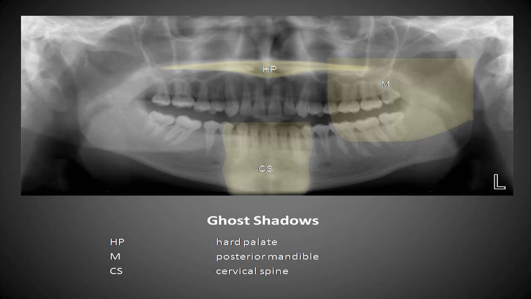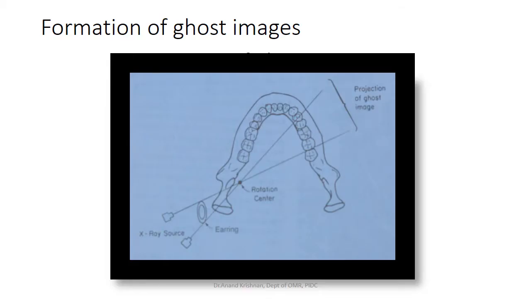Then you have your hard palate, and you also have your posterior mandible, which is kind of repeated. So this is just an example to show you how these ghost images are formed. Like I told you, there is double projection there. So these ghost projections happen.